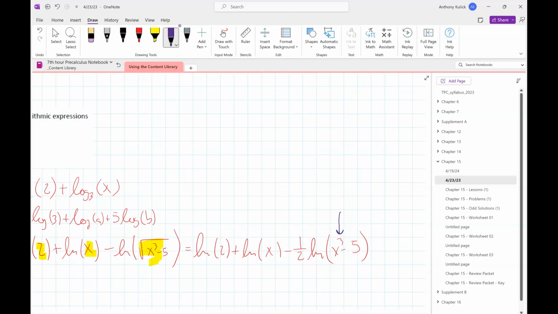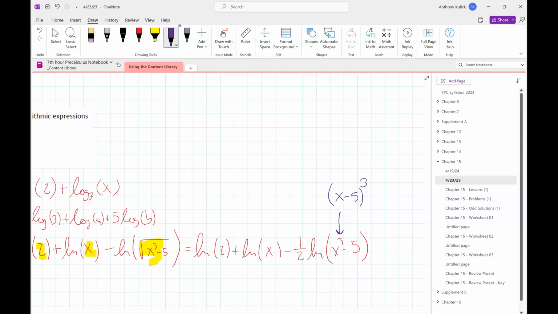Now, why aren't I able to take the 3 out from the x cubed? Very important question. Mr. Kulik's telling me I'm done, but I still see a power inside my logarithm. Why is that power still left there? For the power property to be used, that power would need to go around the entire thing.